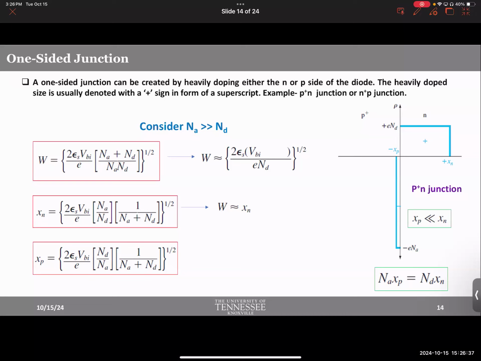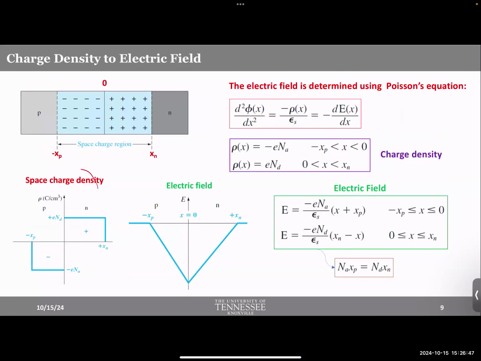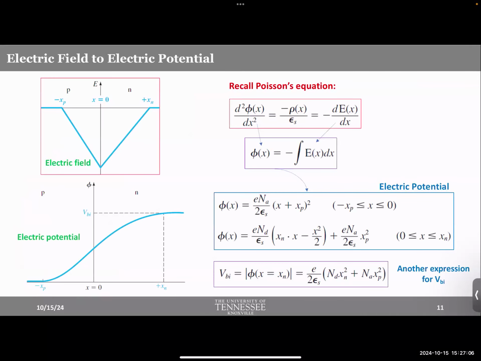But, okay, let's see. Do you guys remember this diagram that I drew? We started the concept with this diagram. N-type and P-type. And then this represents the space charge region. I told you, how can I reduce the size of this side or the other side? And if you forgot, listen to my recording.